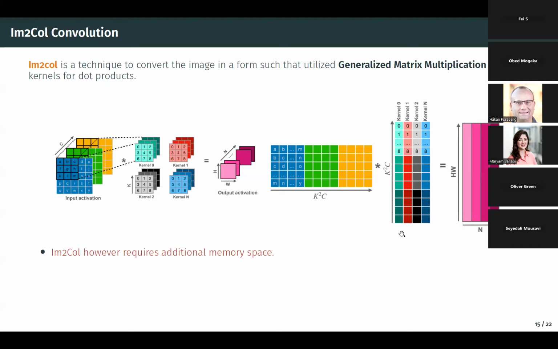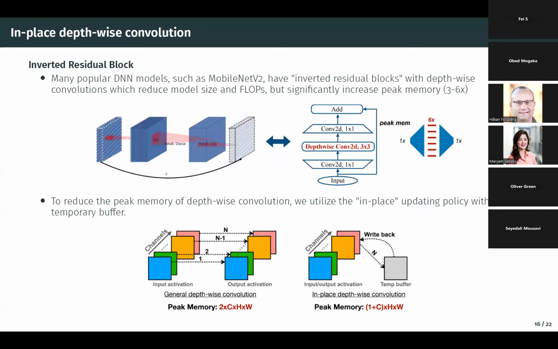The other method is on particular convolution types like the depthwise, which is a method that reduces the computation we need. But the challenge with this method is that it has so many channels, and this can make it intense in terms of the activations that we need to store.